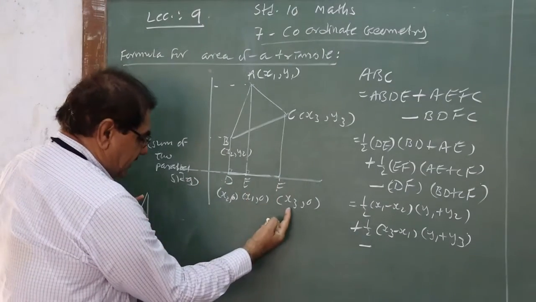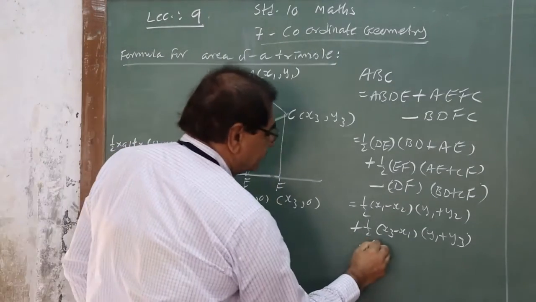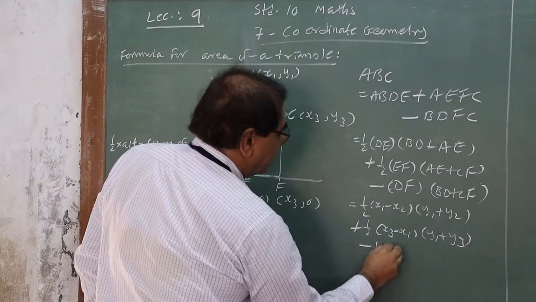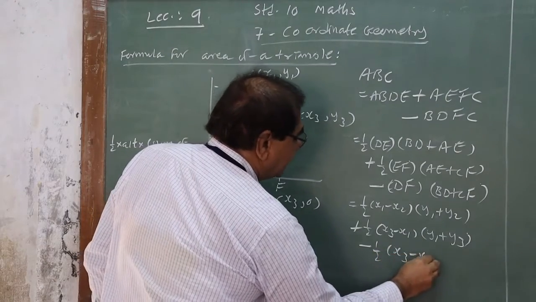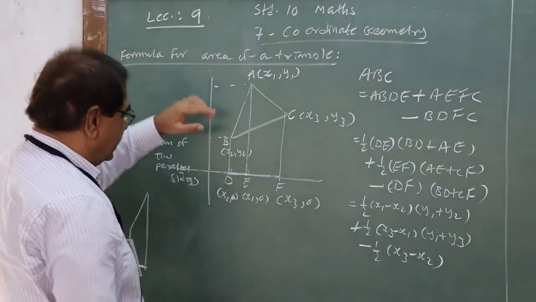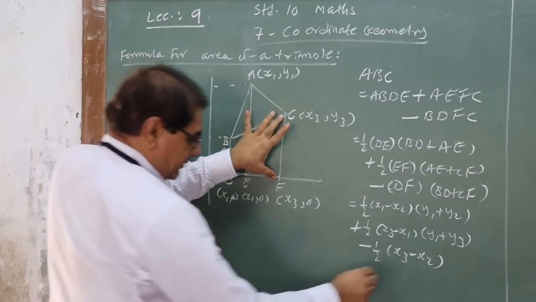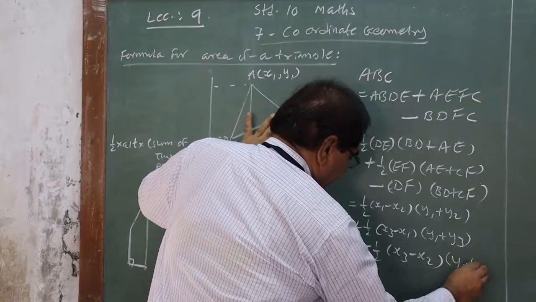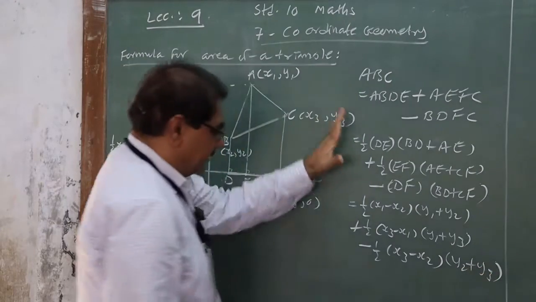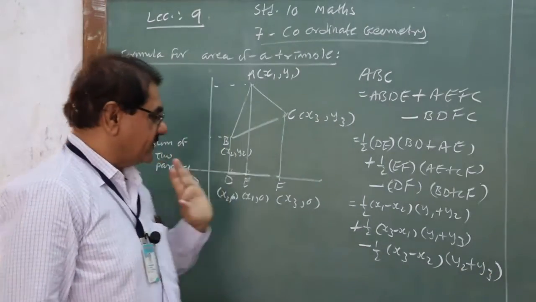DF means x3 minus x2. 1/2 into x3 minus x2 and the sum of the parallel sides is y2 plus y3. So these are the notations for that.